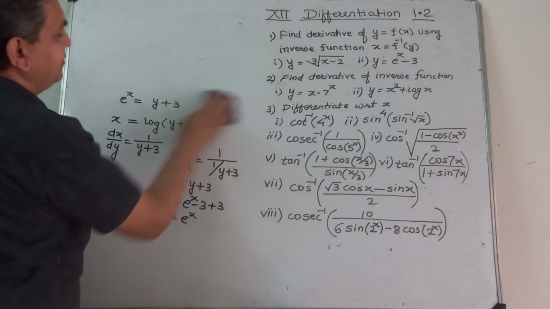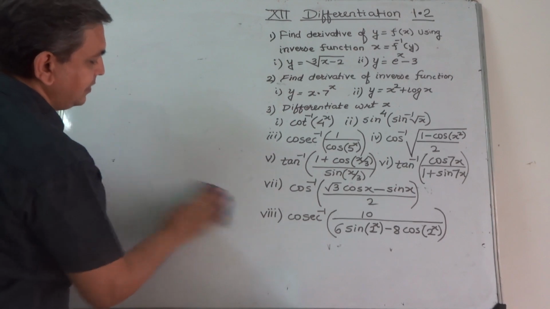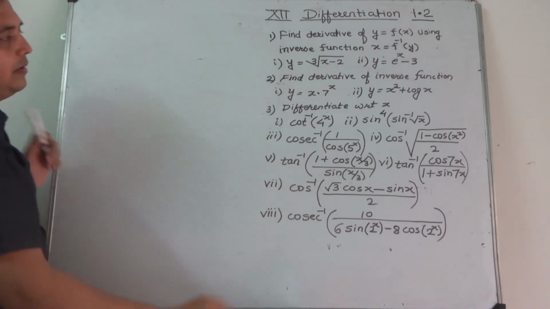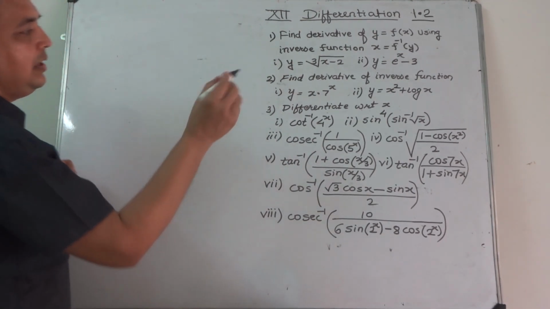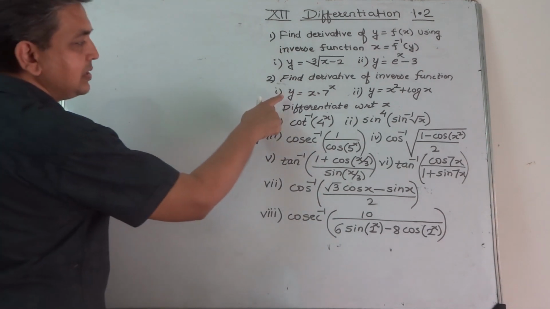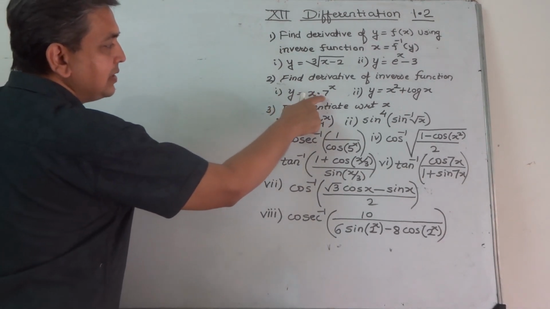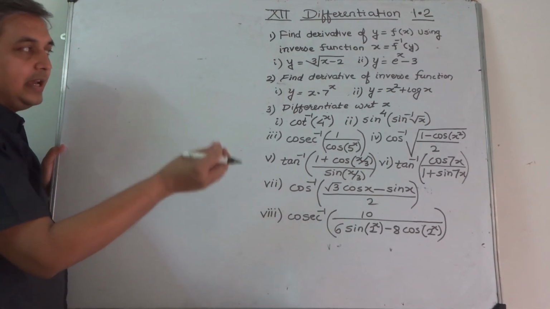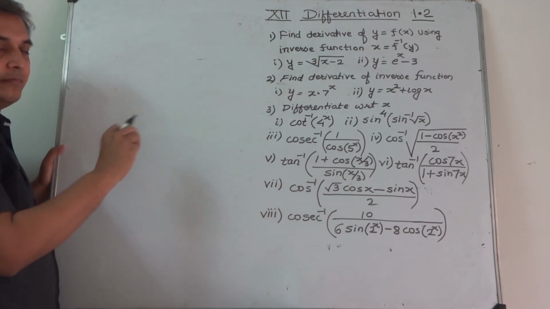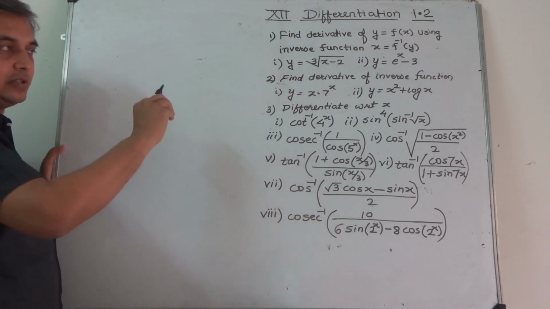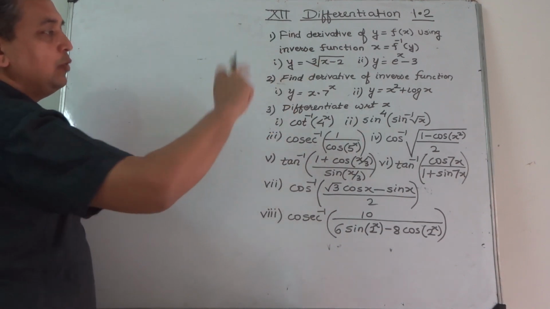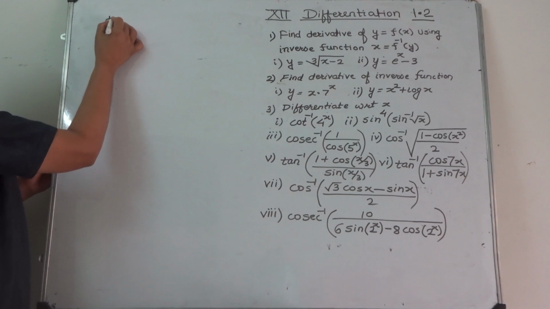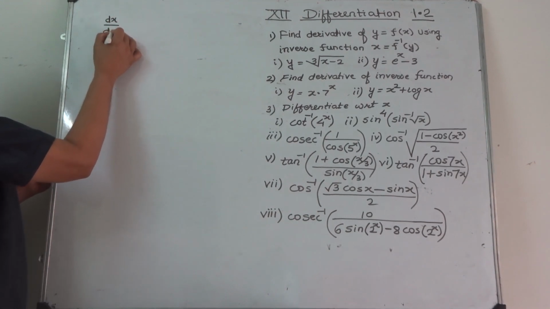Second question. Find the derivative of the inverse function. Now this function is y equal to x into 7 raised to x. The inverse function will be x in terms of y. X is equal to f inverse of y, and we want the derivative of that function, so we have to find dx by dy.